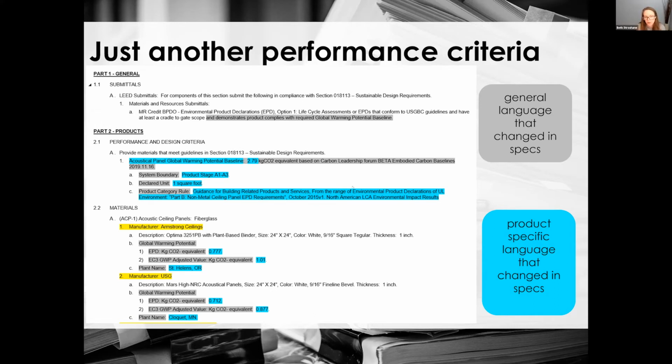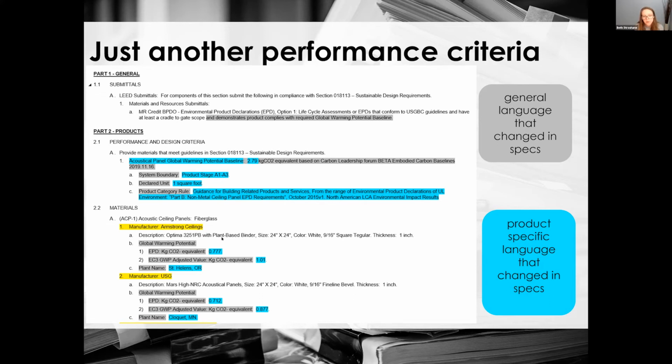The same is true with product category rules. So if we don't have consistent product category rules, you can compare the scores from American football and European football and not be comparing anything that's actually comparable. So that's why that's important.